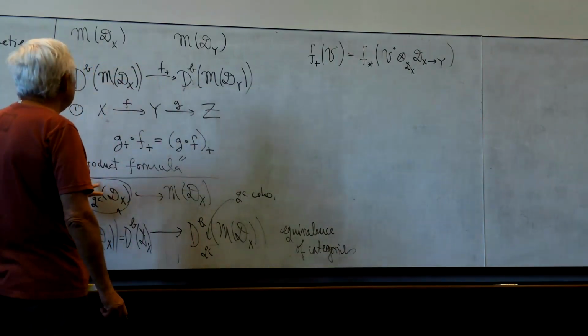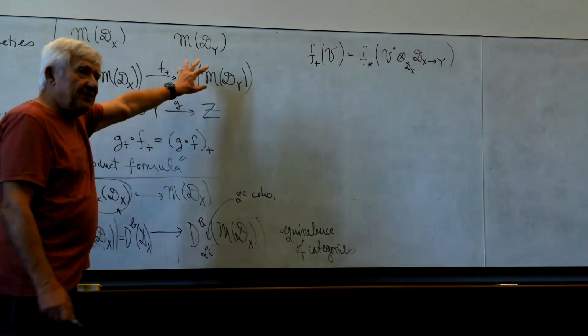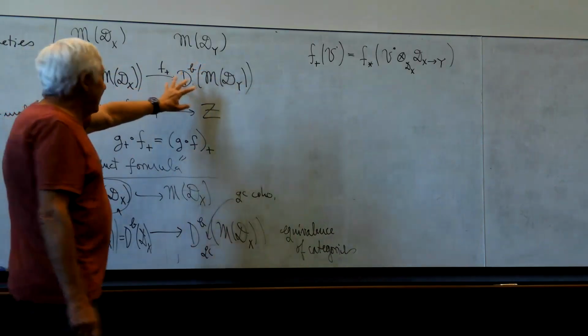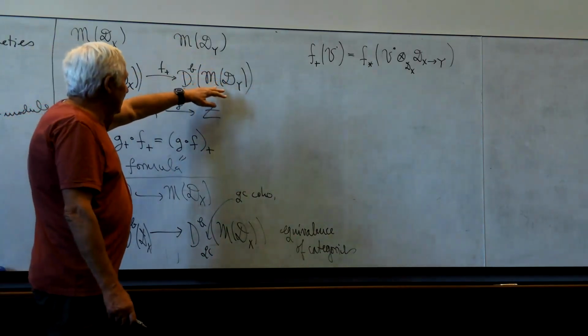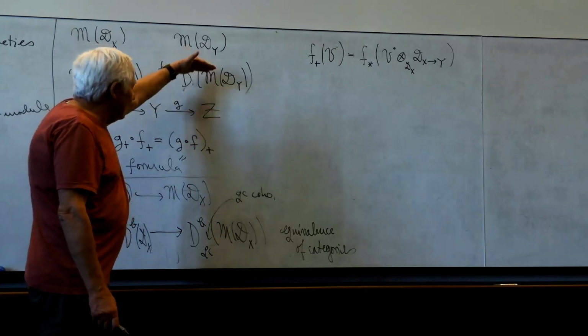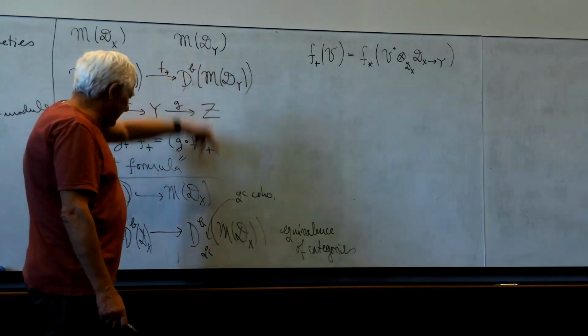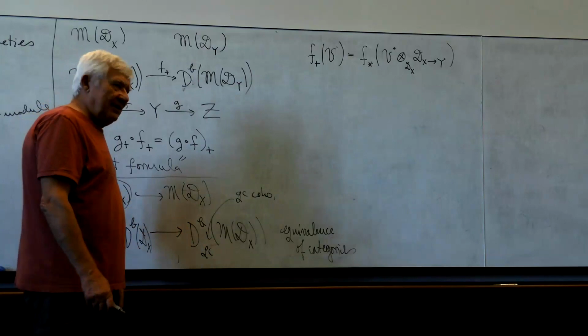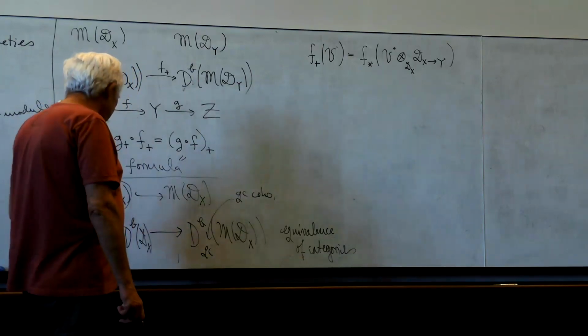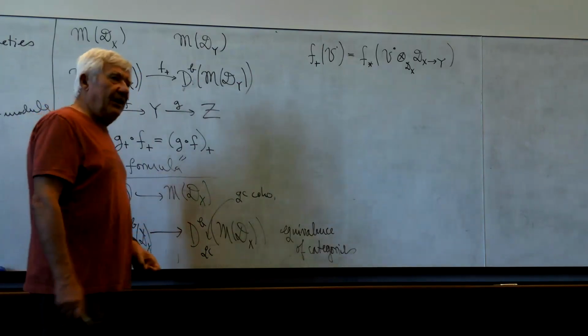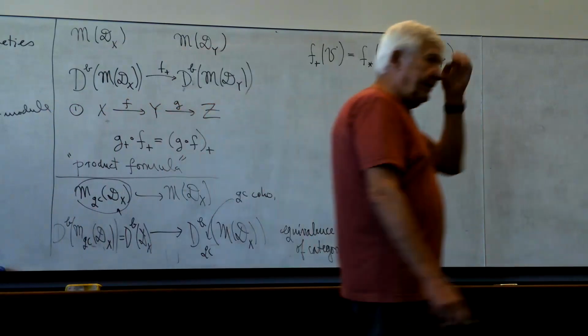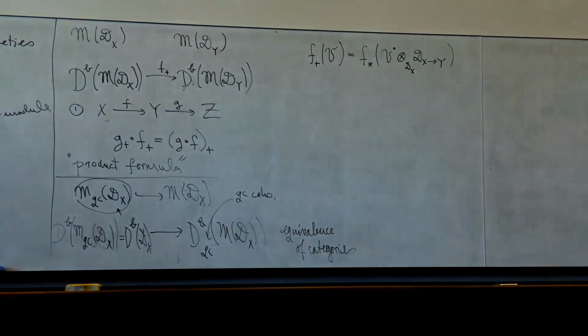On this one, you have the definition of the direct image, and then you end up in here, then for homologies here, and then you use the equivalence to get the functor between the right categories.